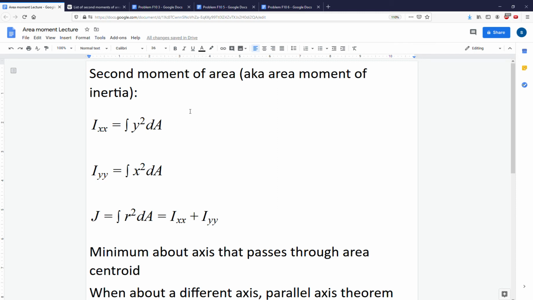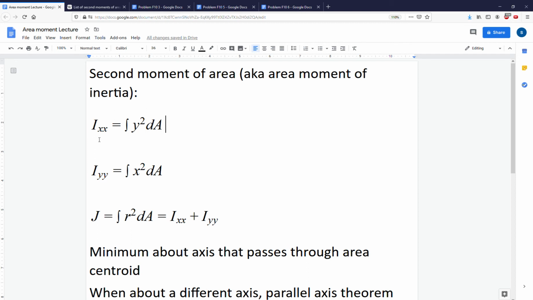And it is a measure of how spread out. So the xx component of moment of inertia is basically how far away the area is from the x-axis, and the yy component is how far the area is from the y-axis.